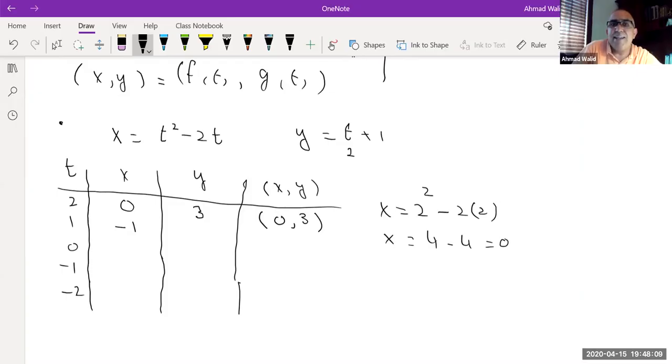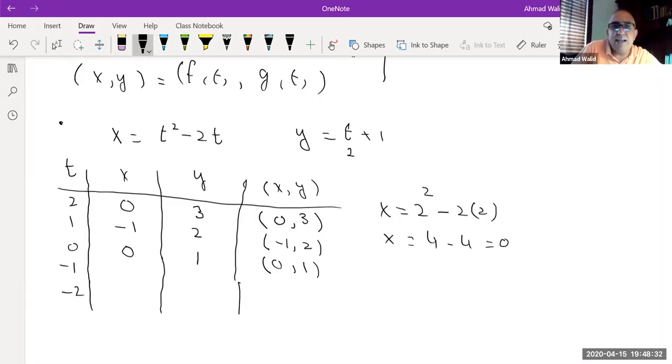And if I plug in 1 here, 1 plus 1 gives me 2. That means I'll get another ordered pair, -1 and 2. Same way, if I plug in 0, this part totally becomes 0. X becomes 0, y becomes 1. It means I'll get another ordered pair, 0 and 1.